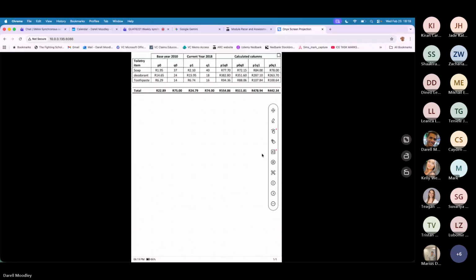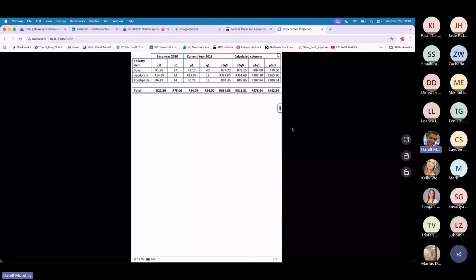Okay, cool. All right. Now, there's 2 ways of calculating the composite index, right? There's the Laspeyres method, and then there's the Paasche method.